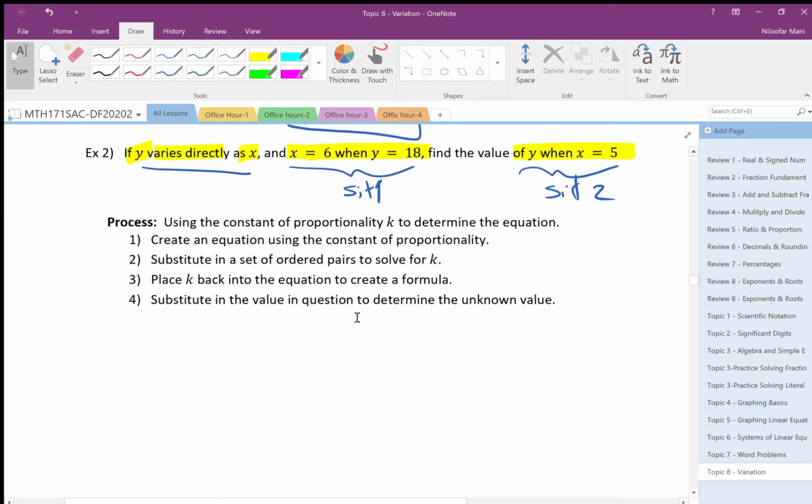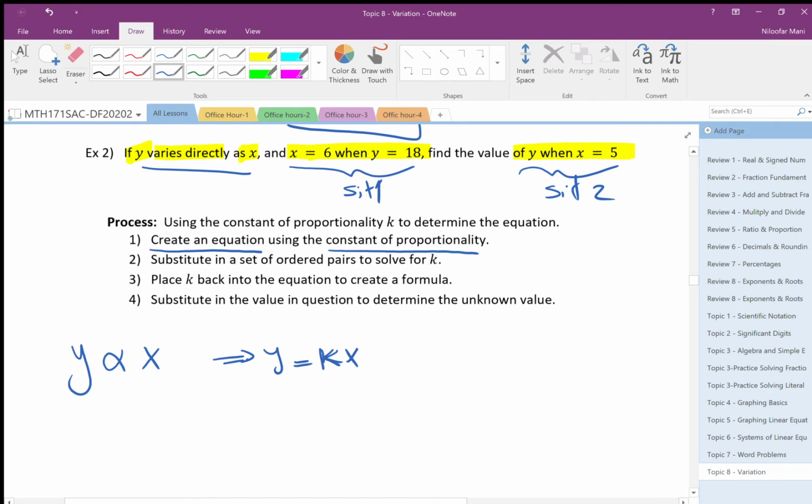So y varies directly as x, which means y is kx. One method is you write the equation, use k and write the equation.